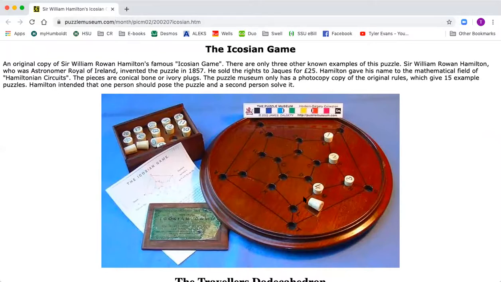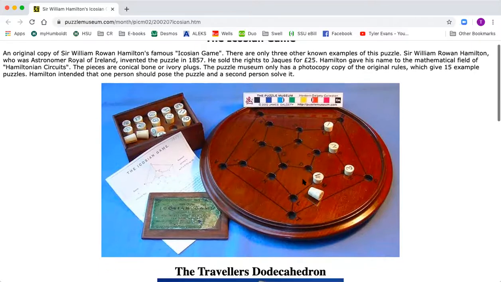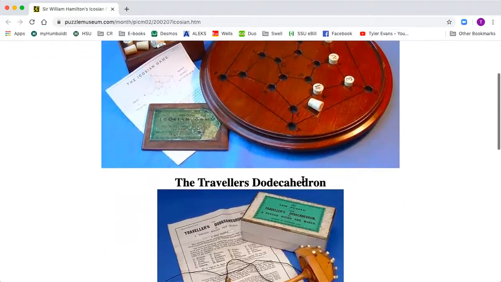I'm sure it's a great website. But in particular, I just want to look at this one. So here's a planar version. You can see our dodecahedron graph is there with its 20 vertices. And so you would remove these pegs as you move around the world visiting a city. And of course, you can't remove a peg twice. And the rule is that you have to move from a city to an adjacent city along an edge. So there's a wooden planar version of the thing.